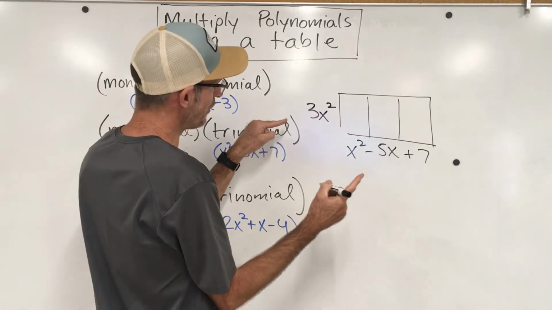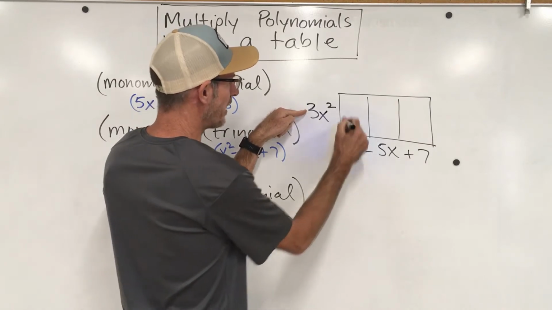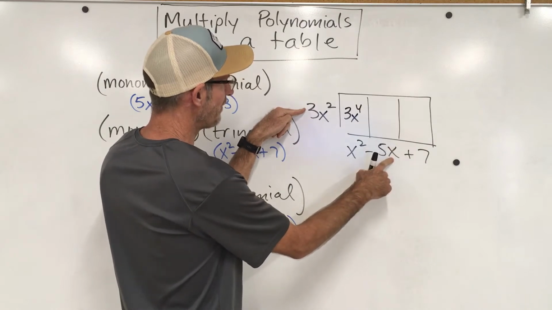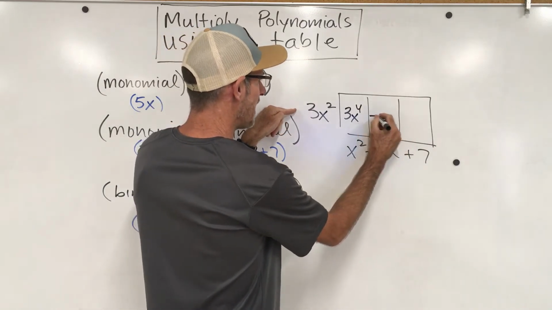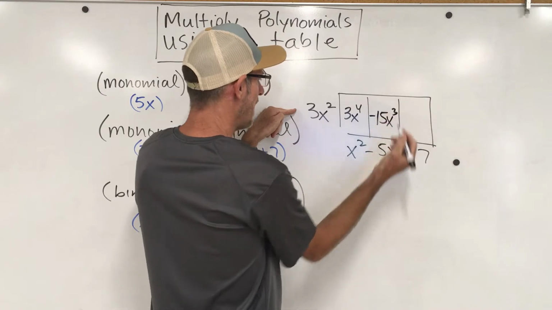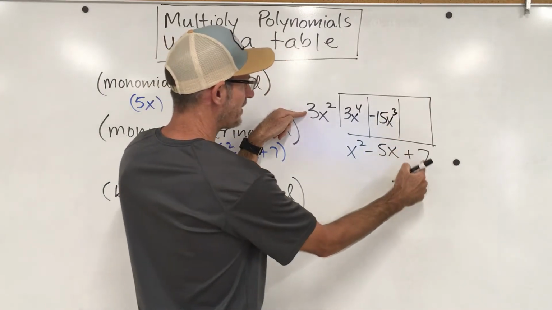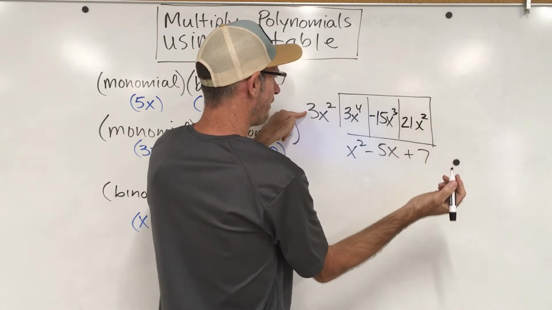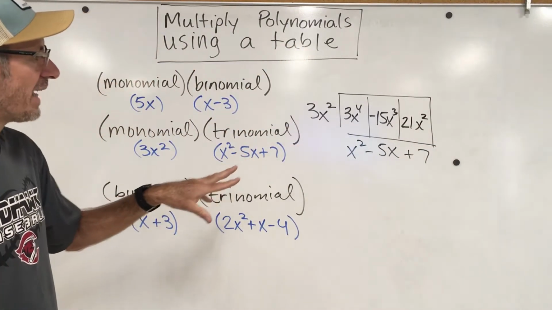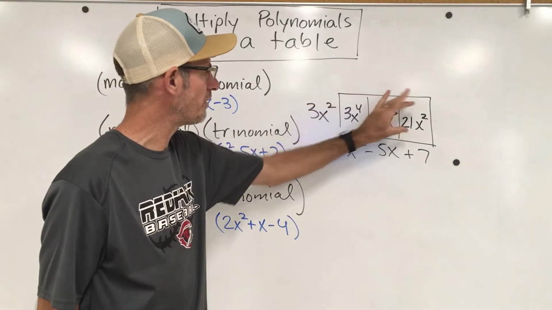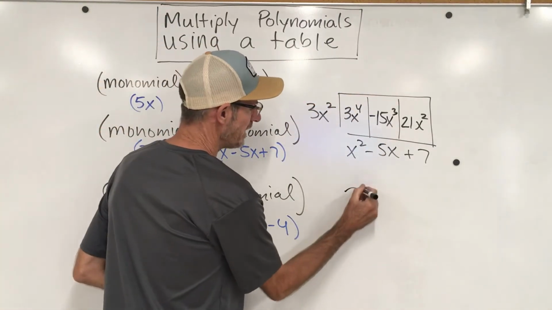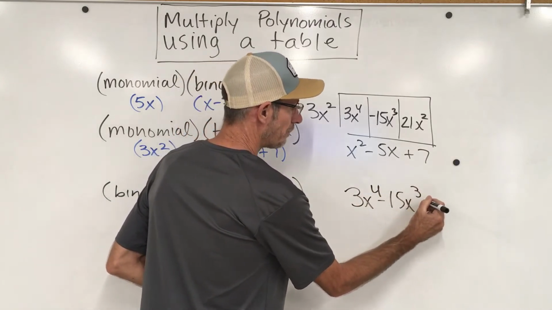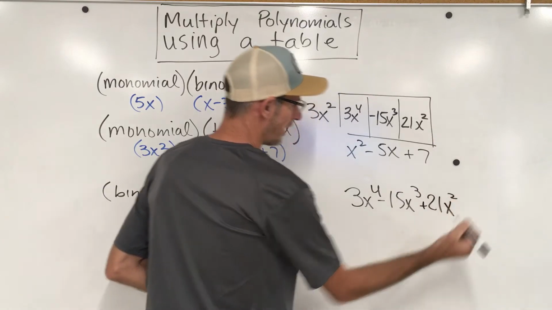And so this is going to be 3x squared times x squared is 3x to the 4th. 3x squared times negative 5x is negative 15x to the 3rd. And 3x squared times 7 is 21x squared. So now our final answer, there are no like terms. So our final answer is 3x to the 4th minus 15x to the 3rd plus 21x squared.